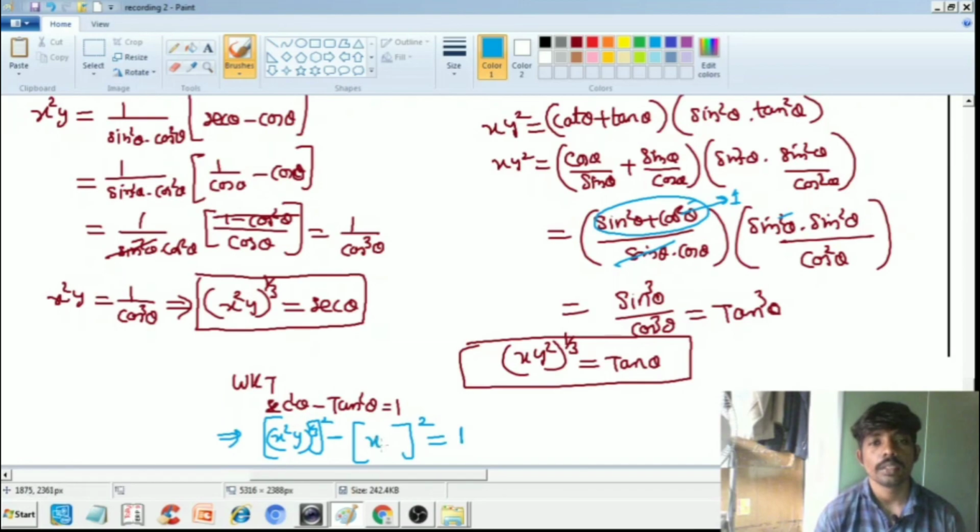Next, tan theta is x y square whole to the power of 1 by 3. Now, from here, x square y whole to the power of 2 by 3 minus x y square whole to the power of 2 by 3 is equal to 1. This is the solution.